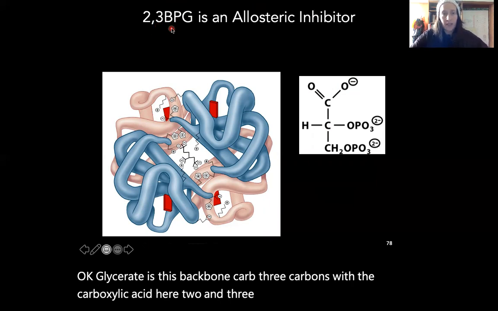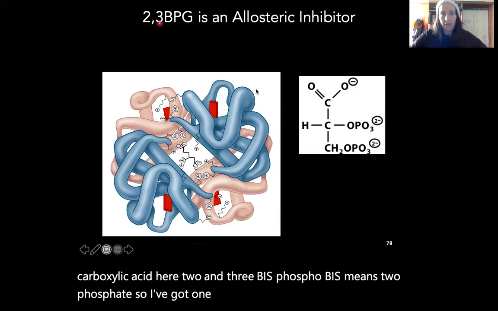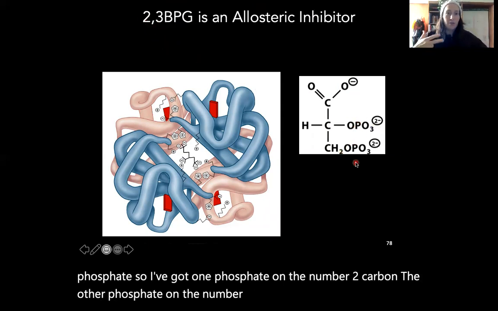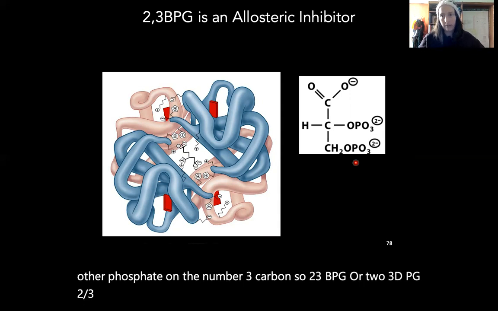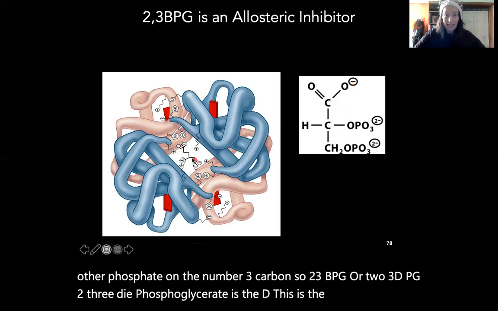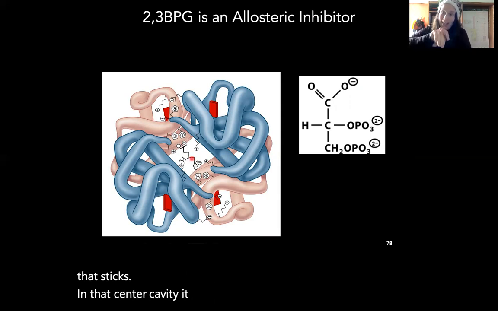Bis means 2 phosphates. So I've got 1 phosphate on the number 2 carbon, the other phosphate on the number 3 carbon. So 2,3-BPG, or 2,3-DPG, 2,3-diphosphoglycerate is the D. This is the molecule that sticks in that center cavity. It can interact and get into that center cavity and stay there.